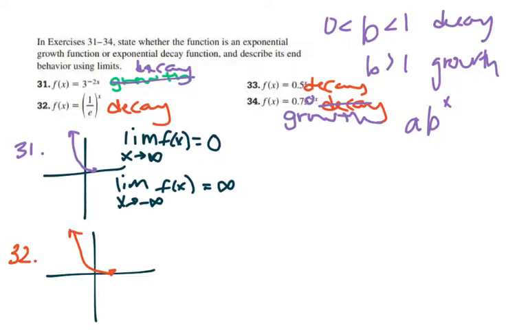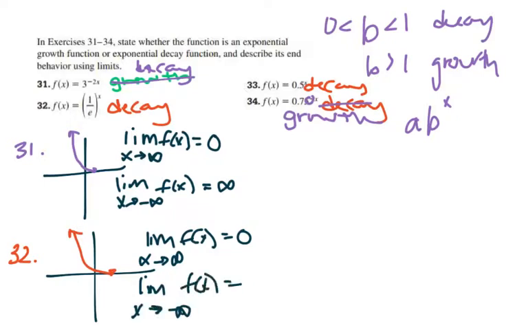And so again, decay because it's going downward or decreasing. So the limit as x goes to infinity, or to the right of the function, is 0 again, and then the limit as x goes to negative infinity of the function is again positive infinity. And moving on, the next one is 33.